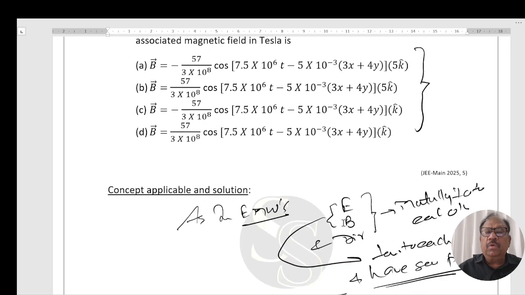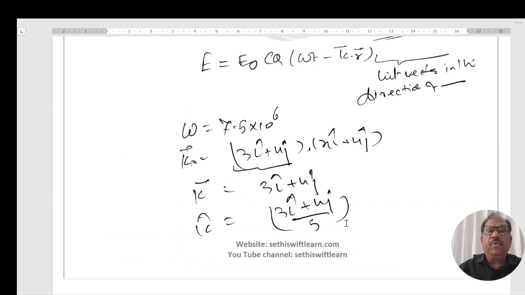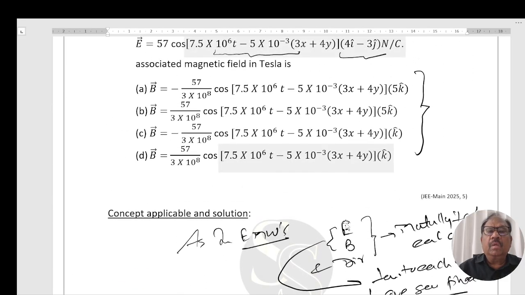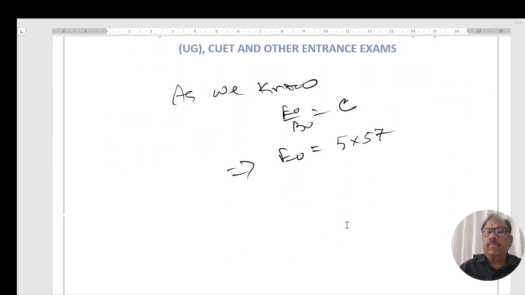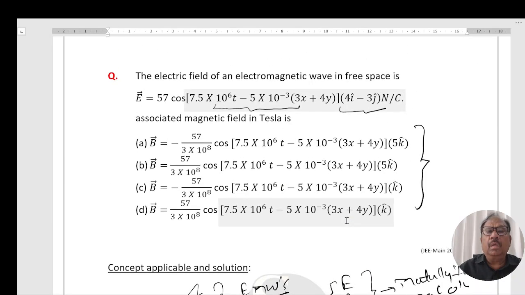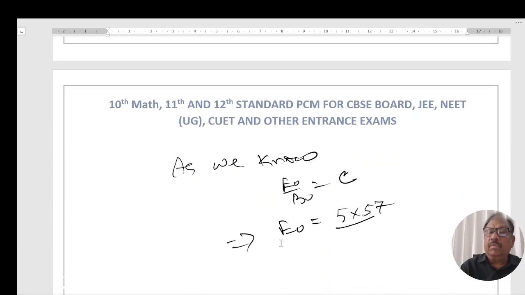So E naught will be 5 into 57 upon 3 into 10 to the power 8. Sorry, 57 into, that will be the 57 into this one. This will be the E naught.